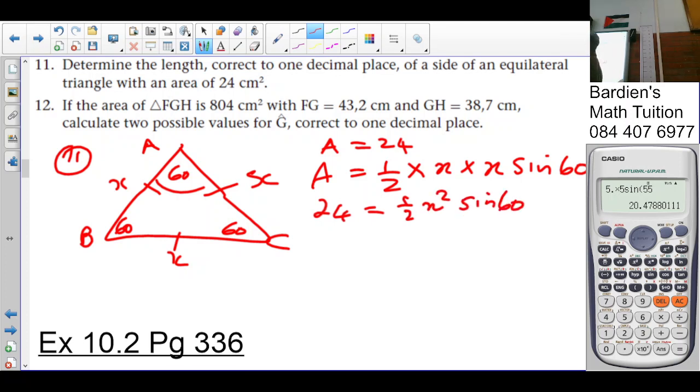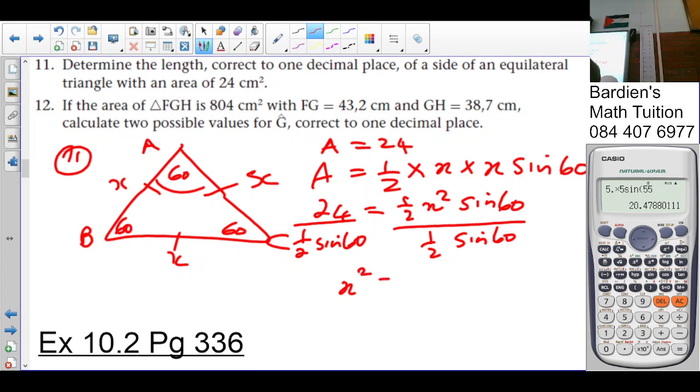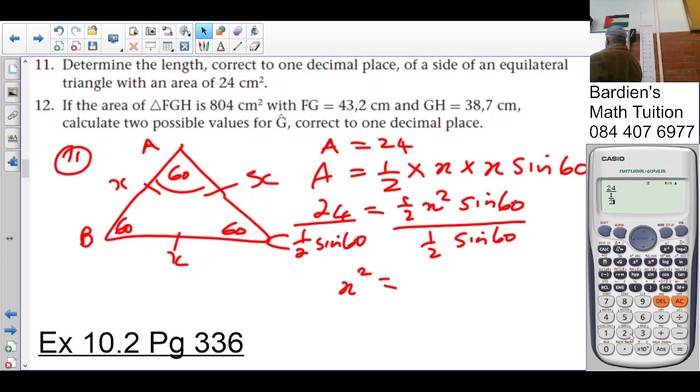How do I get x squared on its own? Divide by half sine of 60 both sides. So x squared is equal to 24 over half times sine 60.